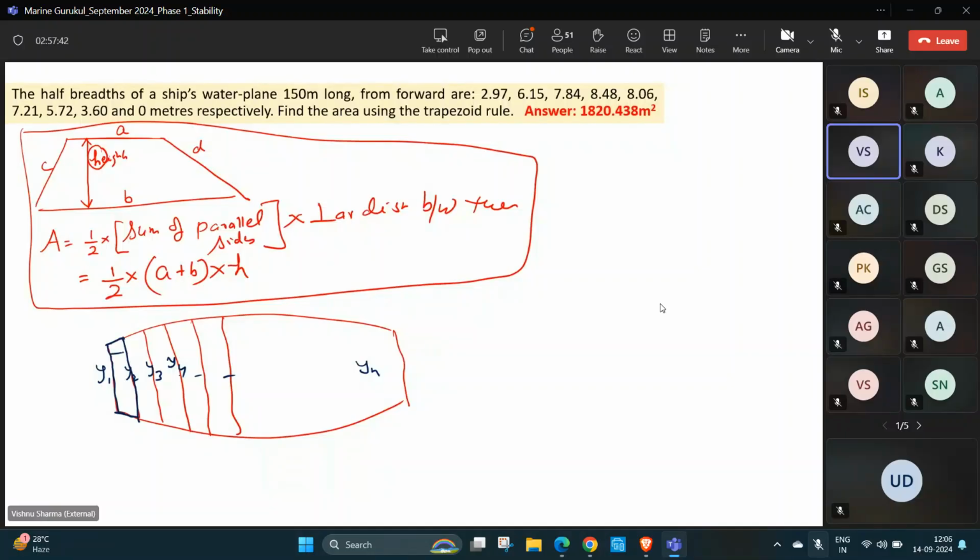And obviously, the height will be the common interval between the ordinates.